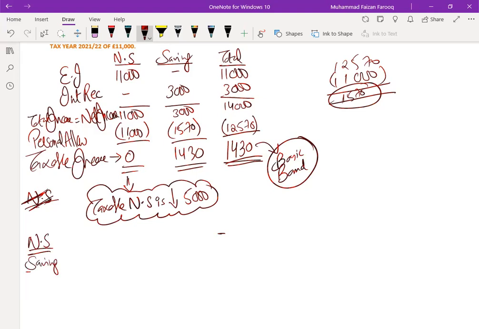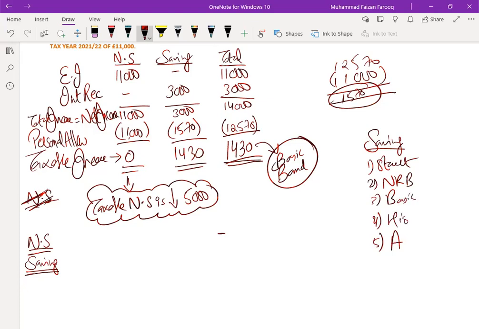We do have savings income. How many bands do we have in savings income? 5 bands. We have start, nil rate band, then basic, then higher, and then additional, right? Now, start band applies if what was the condition?